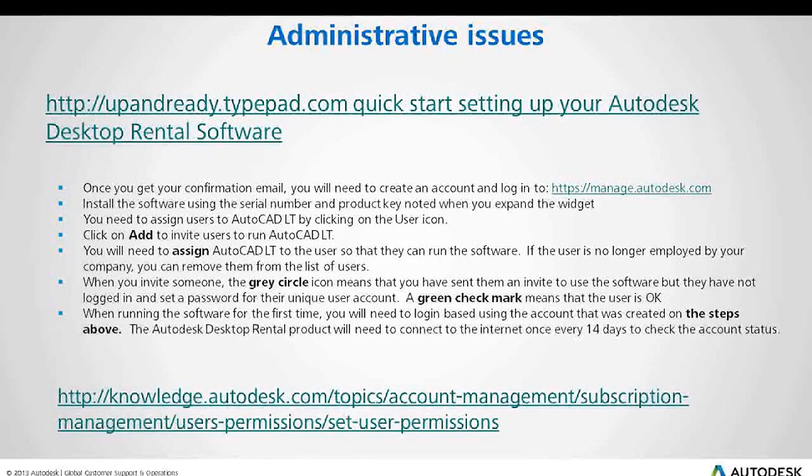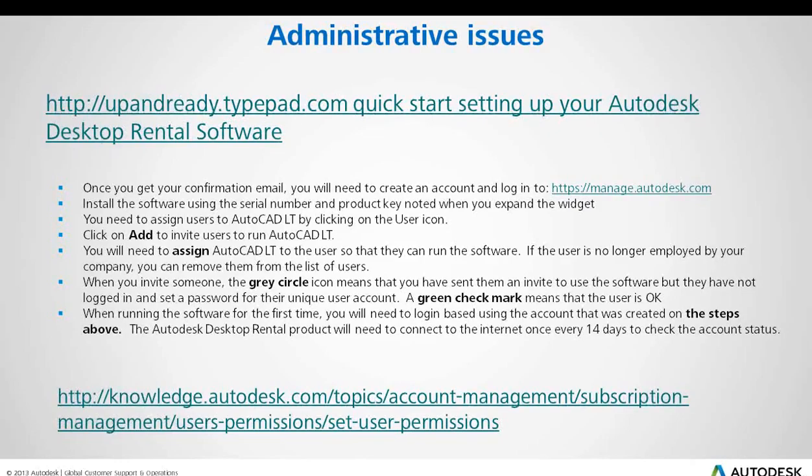If it's a gray circle, it means that they've been invited and they have been sent the invitation email, but that user has not yet clicked on the link in the email to finish setting up their account. Green check mark means they're good to go. They've gone through all the process to get their account set up, and you can go ahead and assign the software to them at that point, and they should be able to sign in and use it without any issues as far as needing to contact the administrator for permission or not being able to sign in.